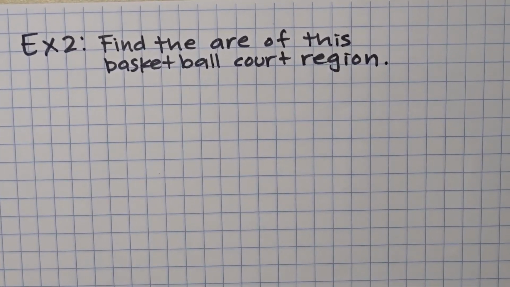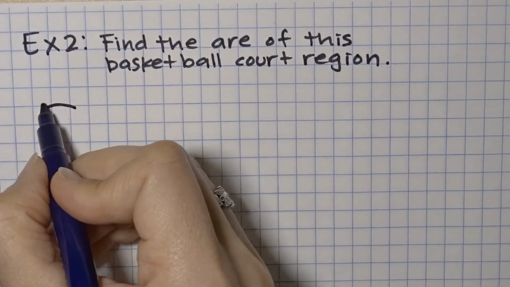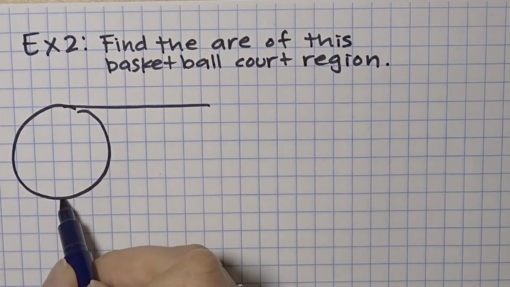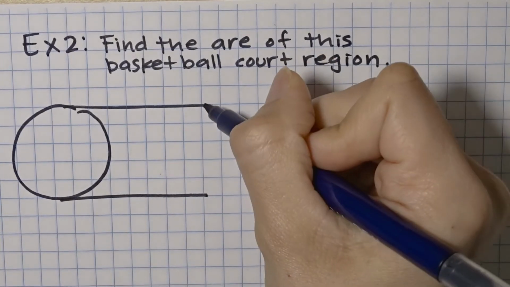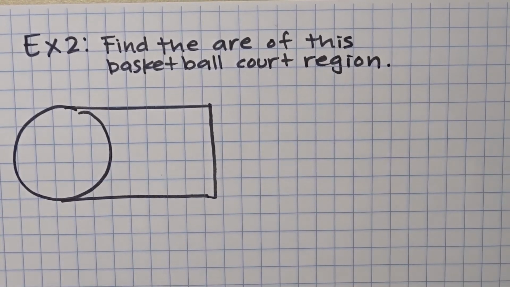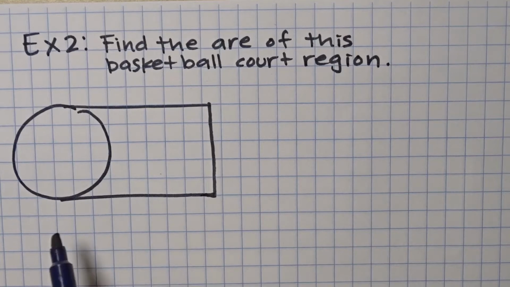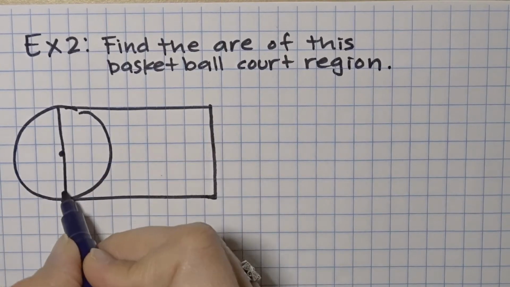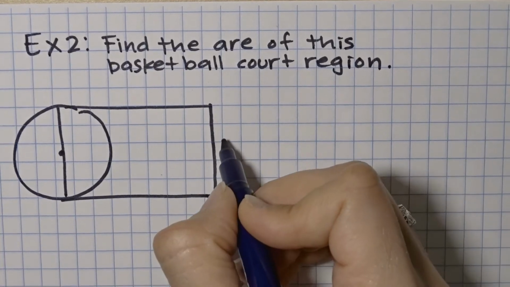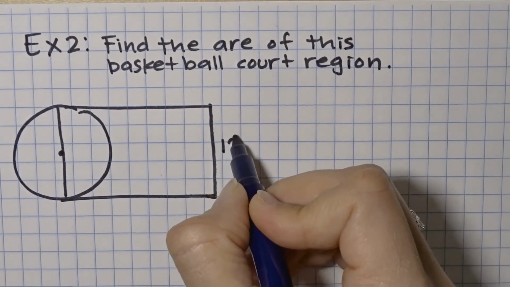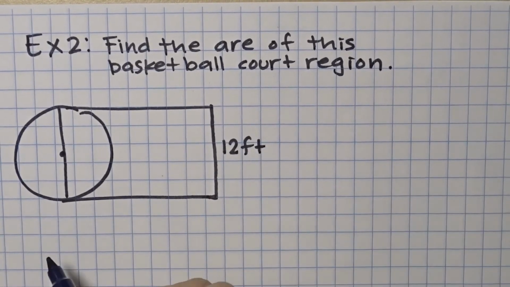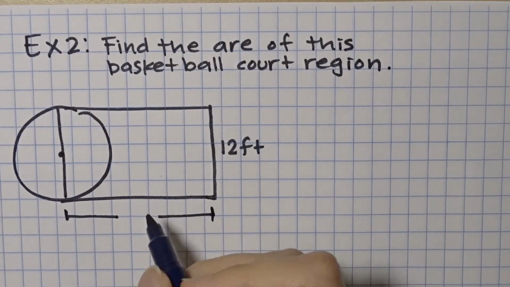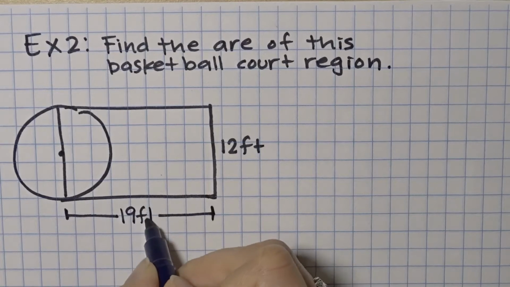All right, so here's the region that we're talking about. The basketball court has a circle, and then it's got a rectangle kind of sticking off to the side. It's giving us that this has a diameter. The rectangular piece is 12 feet tall, and from the center of the circle to the end of the rectangle, it's 19 feet.